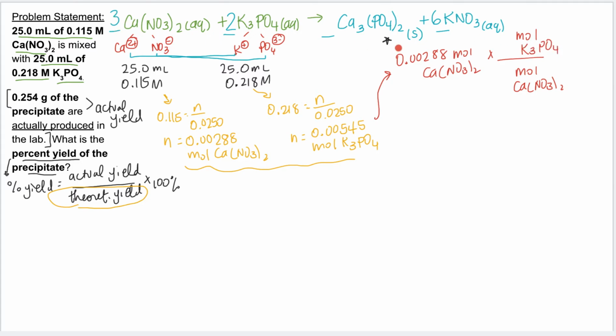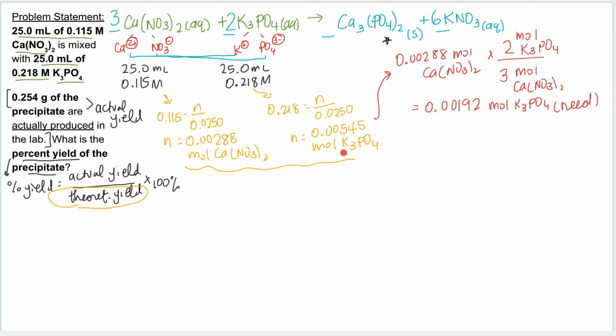So for every 3 moles of calcium nitrate that react, 2 moles of potassium phosphate will react. So we're finding out that if all of our 0.00288 moles of calcium nitrate react, we would need just about 0.00192 moles of potassium phosphate. This is how much we would need.